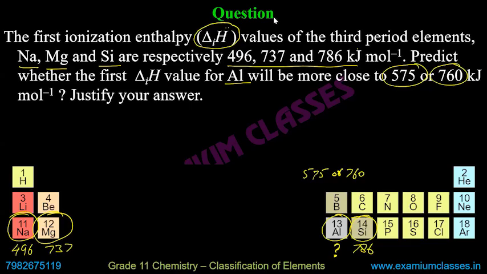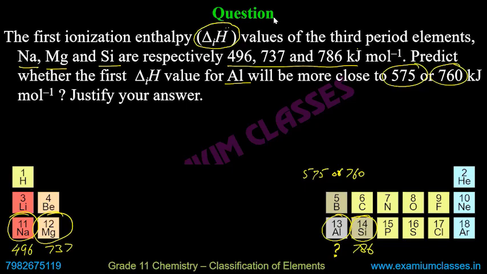Sir, like we can also apply the previous concept. Like if we see the electronic configuration of sodium and magnesium, the valence electrons are embedded in the 3s orbital, but as we reach aluminum, the valence electron is in the 3p orbital, so the shielding effect by the inner levels of electrons will increase and it will outweigh the effective nuclear charge, and so the ionization enthalpy of aluminium in its free gaseous atom will be much lower.